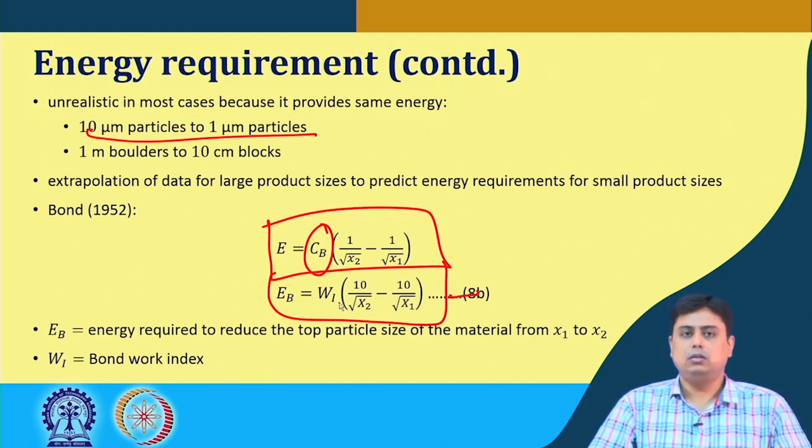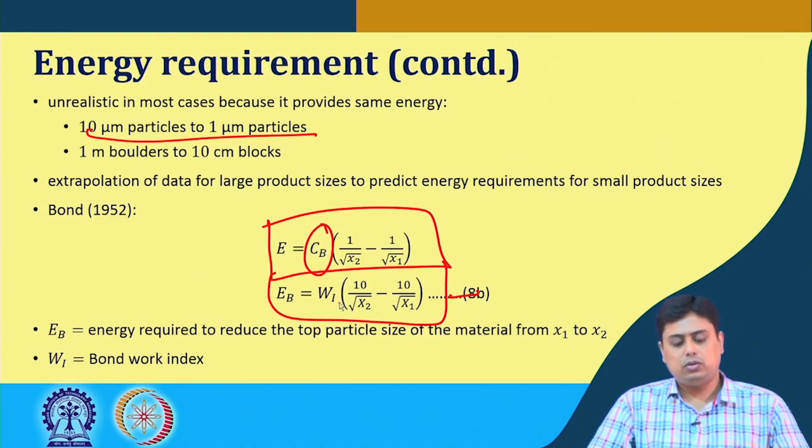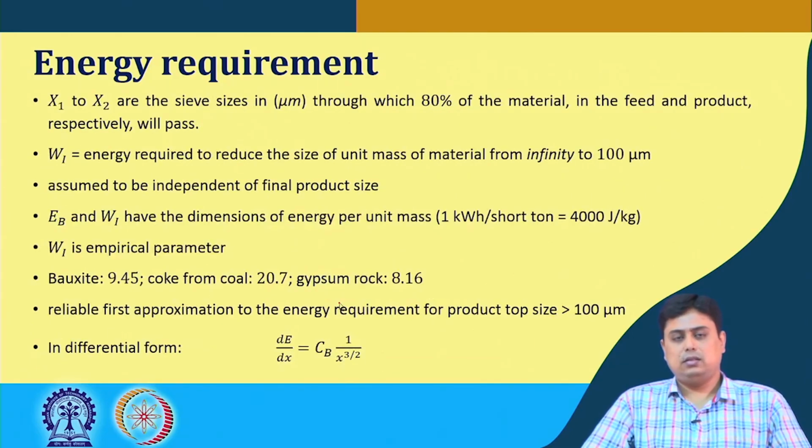This is the most common form of Bond's law, where EB is the energy required to reduce the top particle size of the material from x1 to x2, and Wi is the Bond work index. How do we define top size?